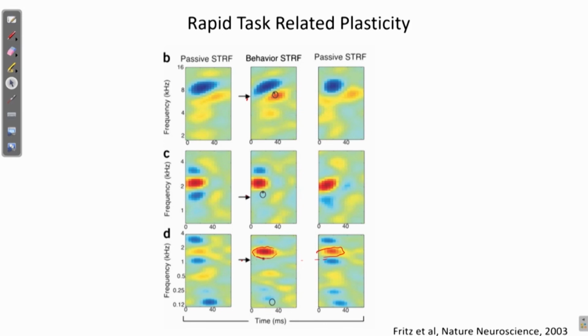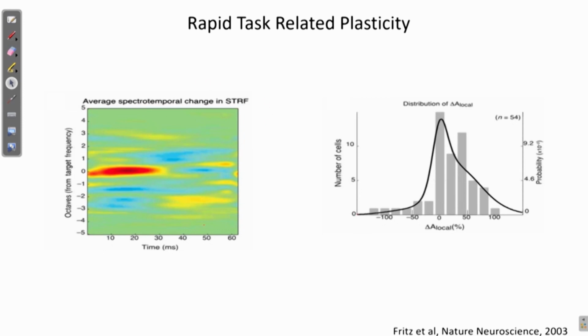If we take the average over all the neurons that they have recorded from, and align each STRF based on the target frequency, so that all the target frequencies are set to 0, and the difference in the STRF is averaged across the units, then, as you can see, this global average shows a huge enhancement in the frequency that has to be detected, the target frequency.